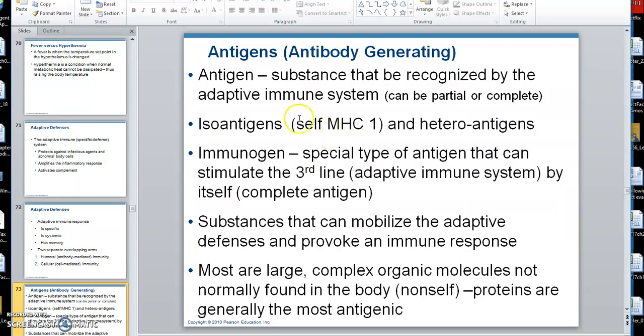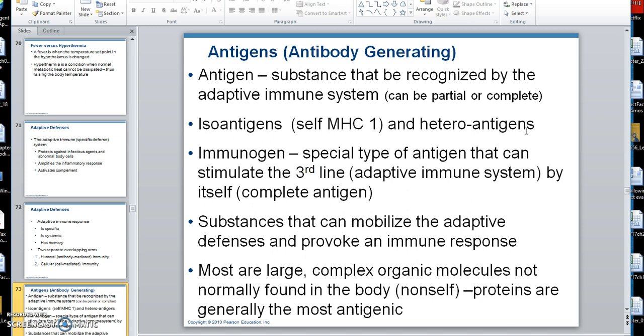But it is an antigen. So in you, it's your isoantigen. But if you put that cell in me, it's a heteroantigen because my body will fight it. So we have isoantigens and hetero, but they are antigens. Then we're going to get to the MHC in a little while.